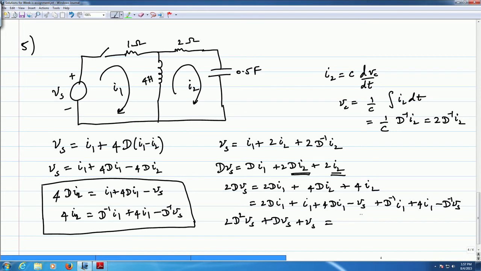Hopefully, you can see what I am doing here, and equals. There is a 2 d I1 here, 4 d I1 here, totally 6 d I1. When I multiply by d, it becomes 6 d squared I1, and then 5 I1. There is an I1 here, there is a 4 I1 here, that is 5 I1. When I multiply by d, I get a 5 d I1, and then there is a d inverse, which gives you an I1. So, that is the equation relating Vs and I1.